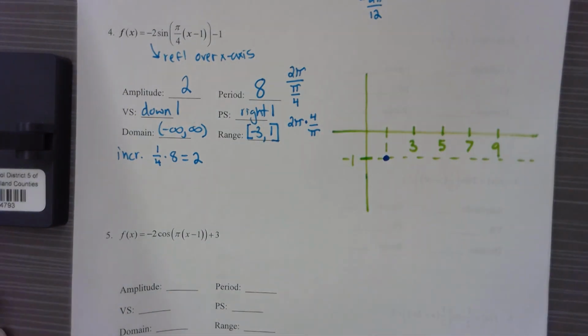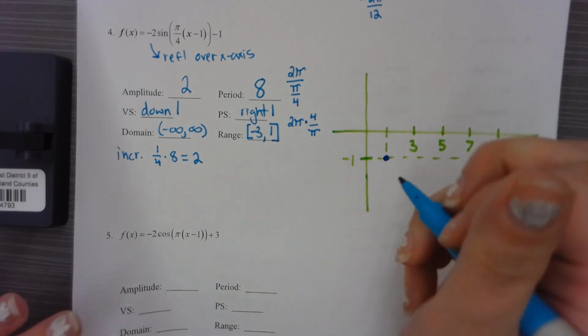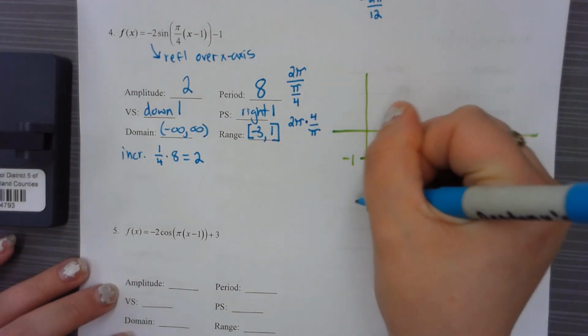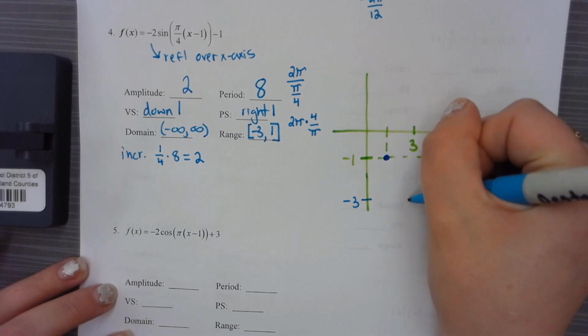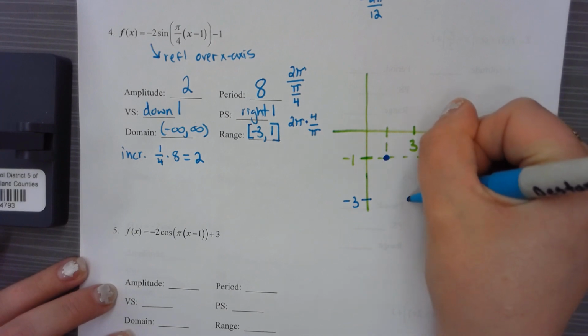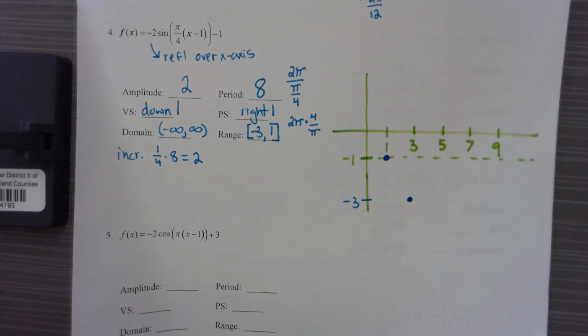Okay, so if it's a negative sine graph, should it go up next or should it go down next? Down. Do we understand that? Okay, so it would go down to the negative amplitude, but then it's still got to go down 1 more. So where is it going to? Negative 3. Do I need to explain that again? Yeah, I can. Okay.